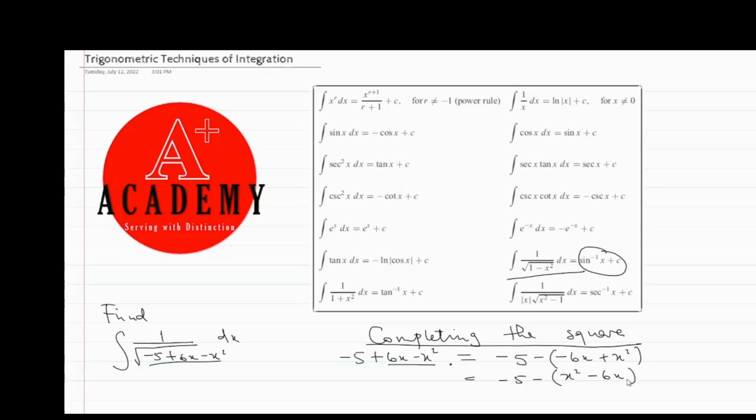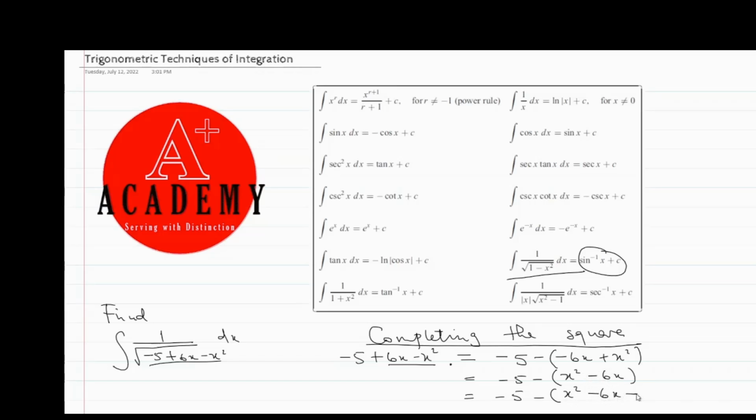And here we are going to add a term that will make this expression a perfect square. To do that, as we may know, we have to add the square of half the coefficient of x, which in this case is -6, in x squared minus 6x.